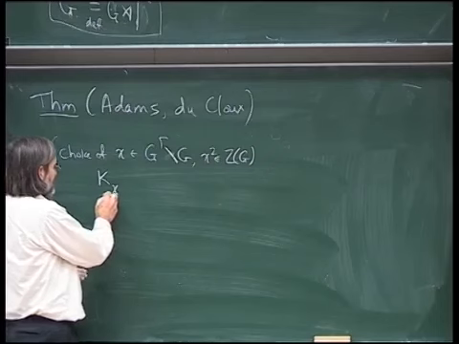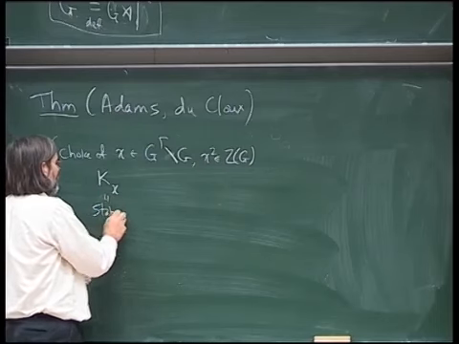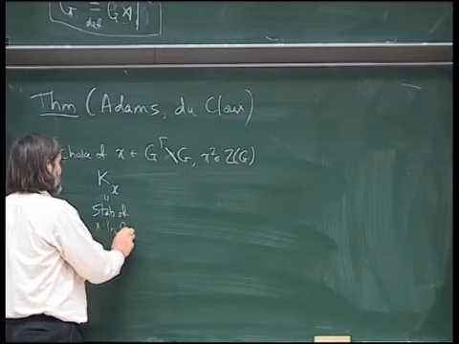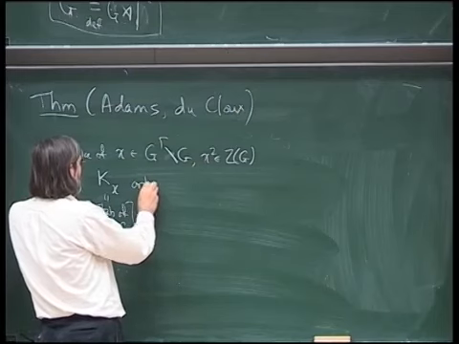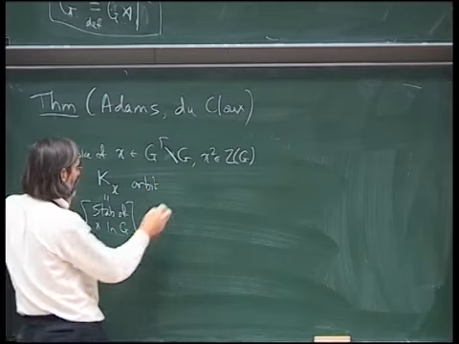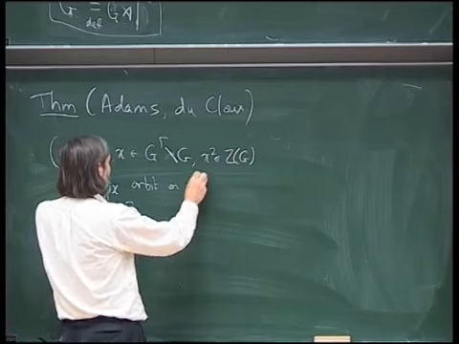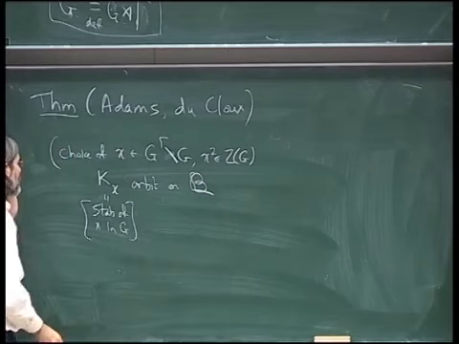So this K_x, the stabilizer of x in G, a K_x orbit on the flag variety.